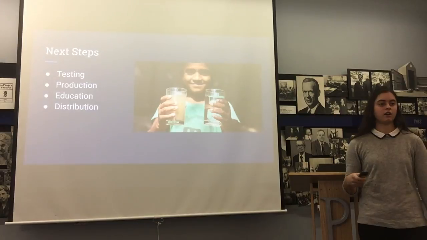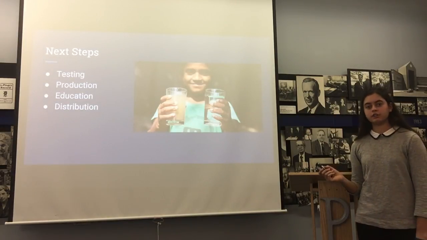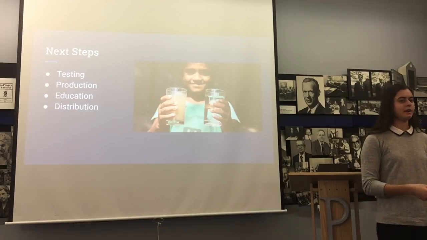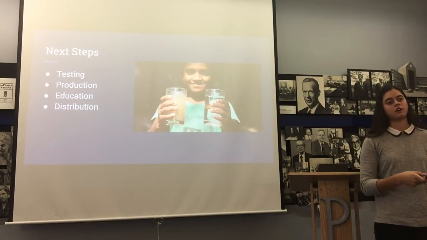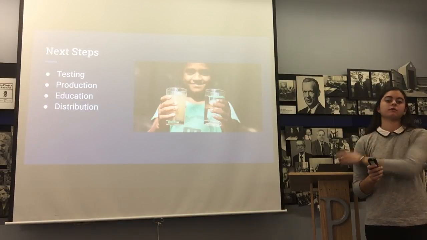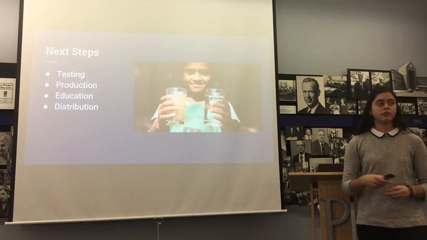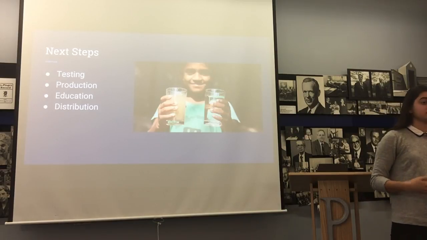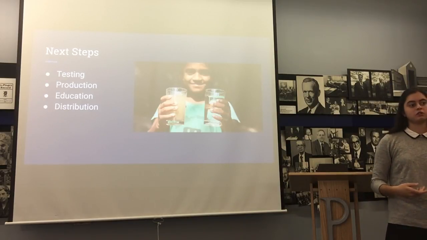So we need to test it on different kinds of things and in different settings. All the water used in this trial was made in a lab, or was from a lab. So we need to test this on salt water and fresh water and all different kinds of water infected with different things. Next, we need to figure out a way to produce this and make it available to the world.